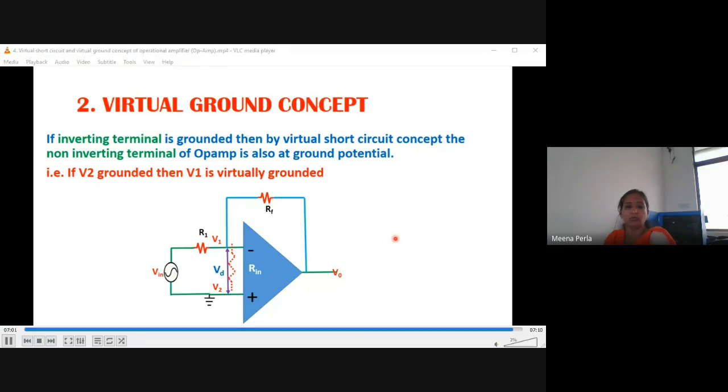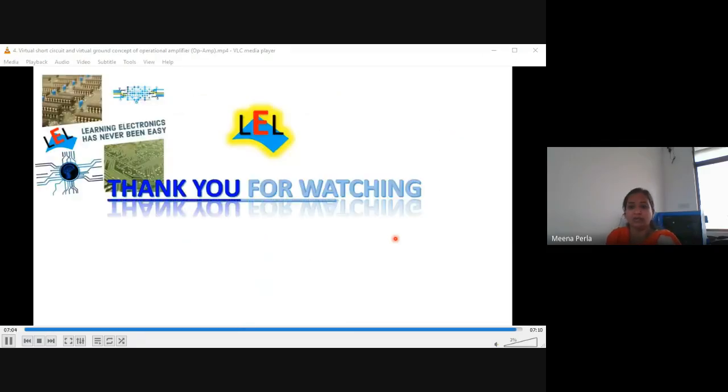Hope you have understood this topic. This is about the virtual ground concept and the virtual short circuit concept. This is a very important concept when we are using an operational amplifier. I guess that's all for today, and in the next lecture we will proceed further with the open loop configuration.